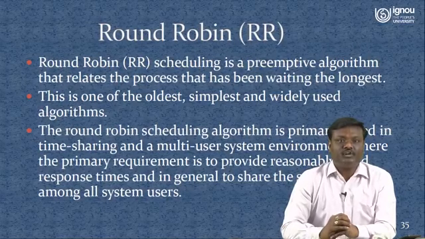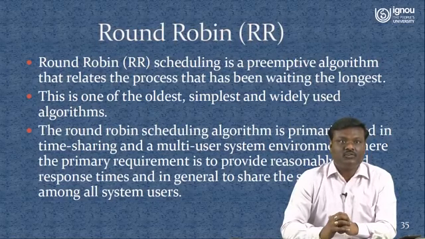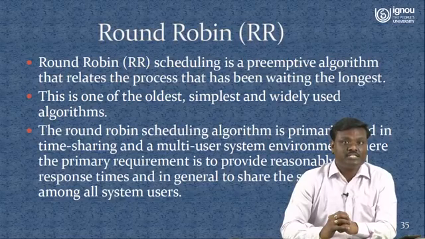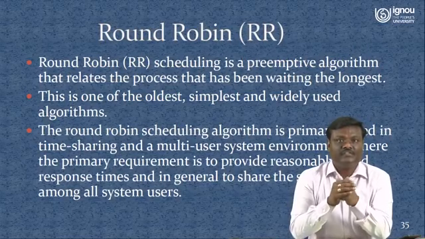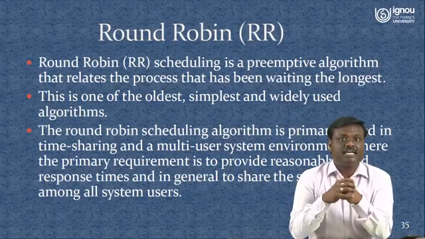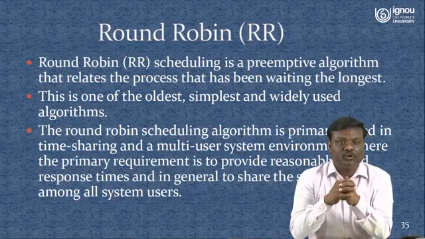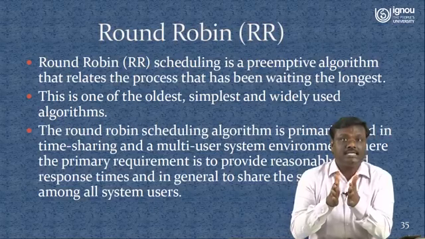This round robin, as you can see in the older Unix systems, Linux, and IRIX systems. The round robin scheduling algorithm is primarily used in time sharing systems, that is, for each and every time slice, or for every quantum, it should shift to the next process, or the next user.